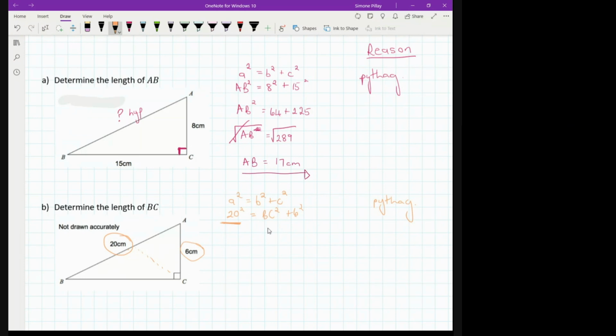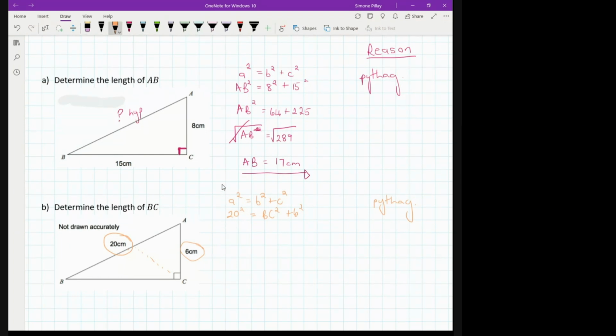It didn't matter if you said 6 squared plus BC squared, it would have given you the same thing. The only thing you need to be concerned about is substituting your hypotenuse in the right place. The other two don't matter where you put them. So, Uma, carry on for me.